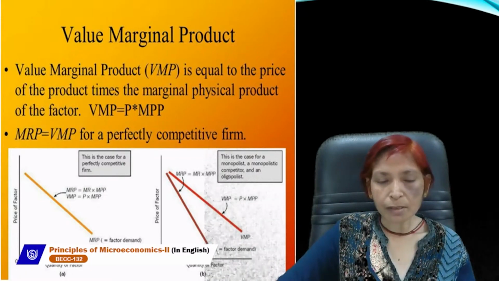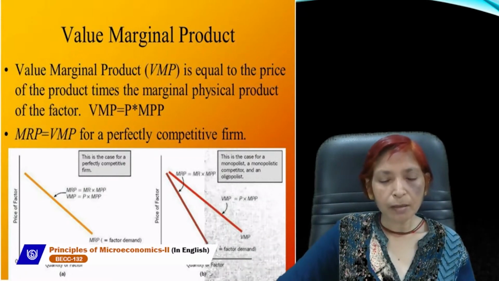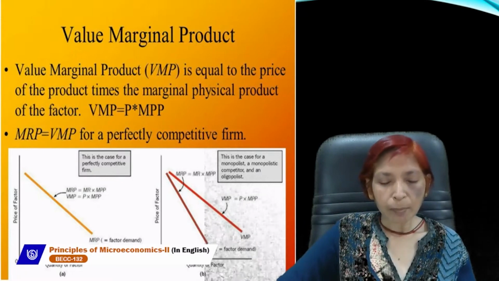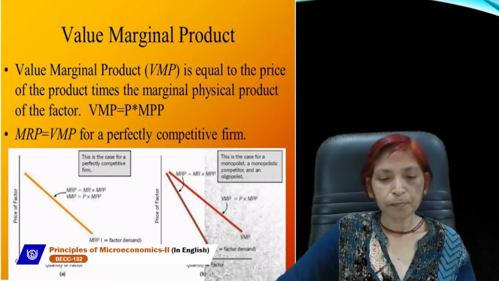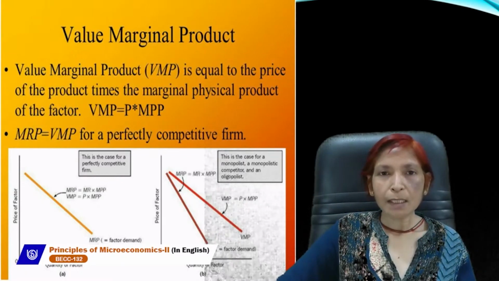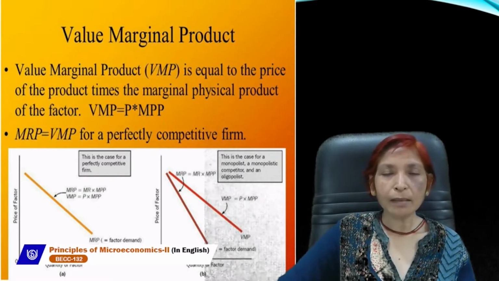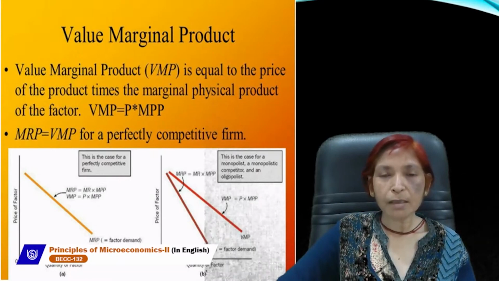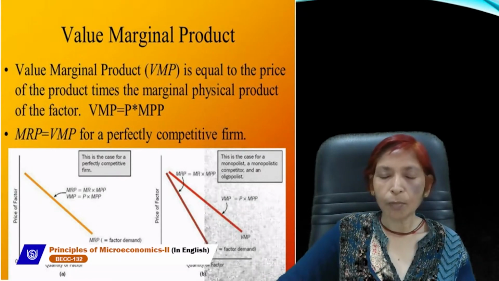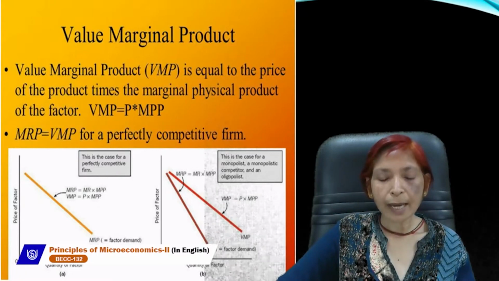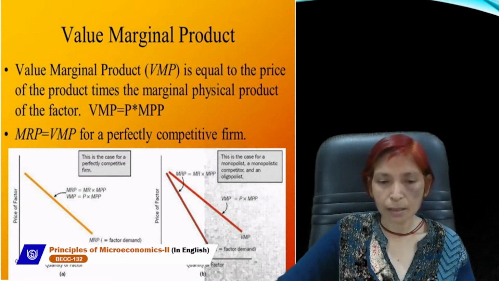MRP remains always lower than VMP because MRP is calculated by multiplying MPP into MR. As we know, MR remains always lower than AR, and AR is the price, which remains higher in a monopoly market, monopolistic competition market, and oligopoly market.